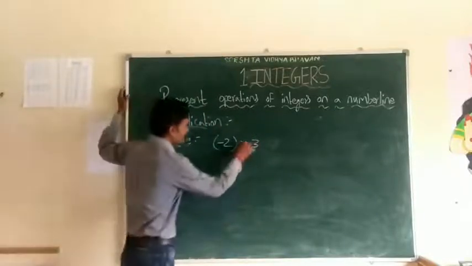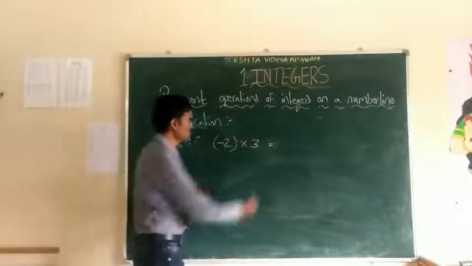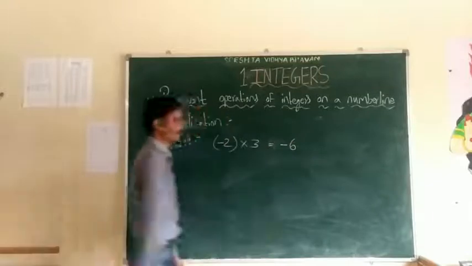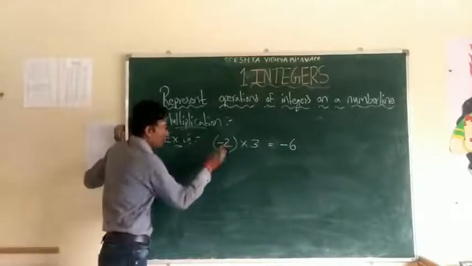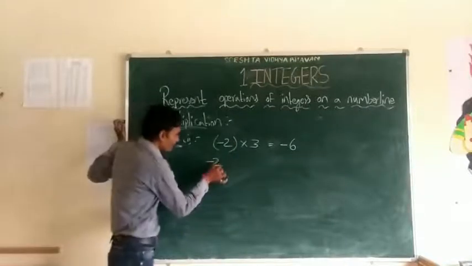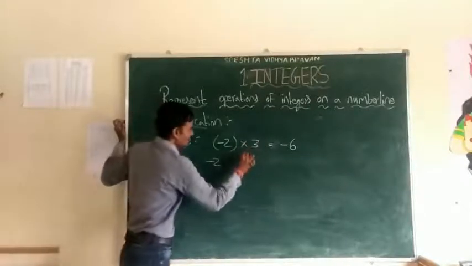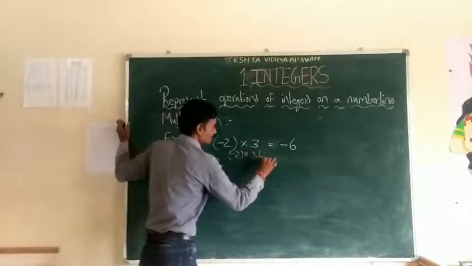How do we multiply here? We know that minus 2 into 3 is minus 6. In the addition process, how many times do we have to add minus 2? We have to add minus 2, 3 times, that means minus 2 into 3 times.